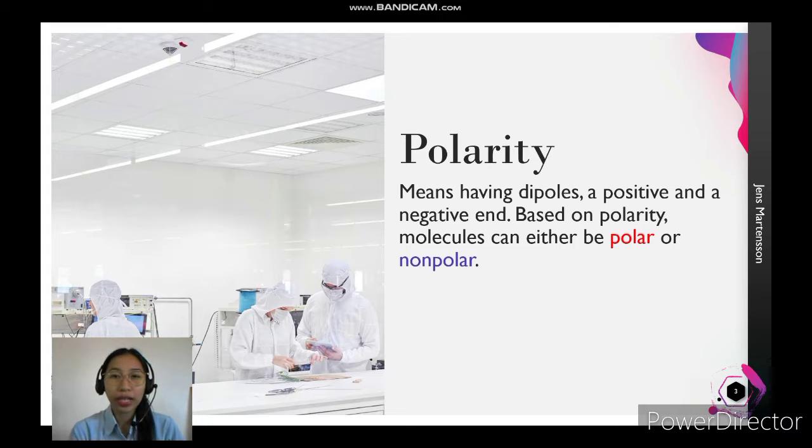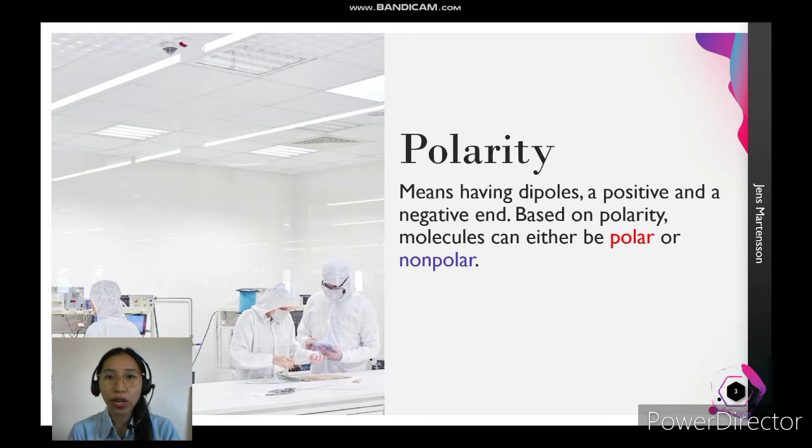Based on polarity, molecules can also be classified as either polar or non-polar. So what are polar molecules and non-polar molecules? Polar molecules, of course, are molecules that have dipoles, which means they have a positive end and a negative end.